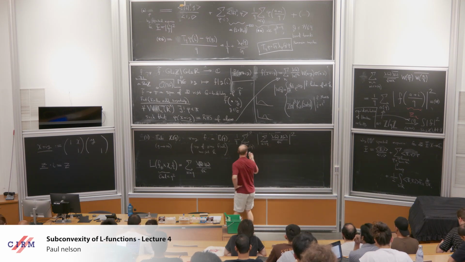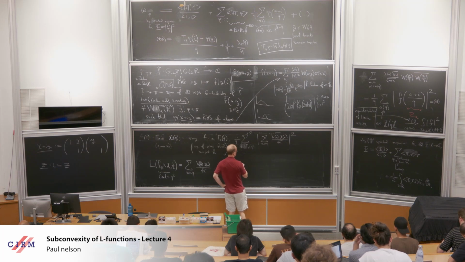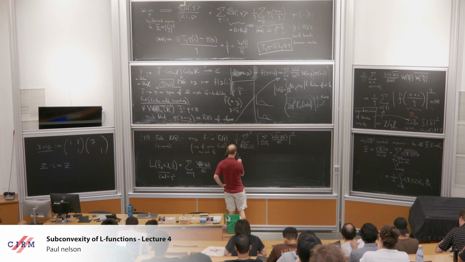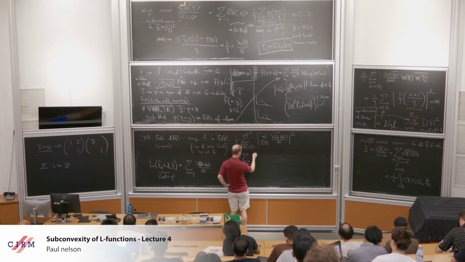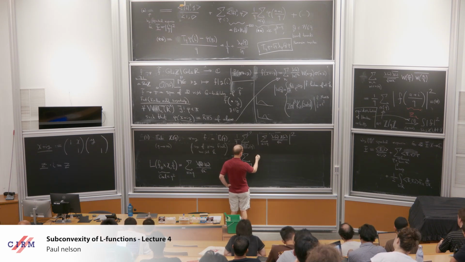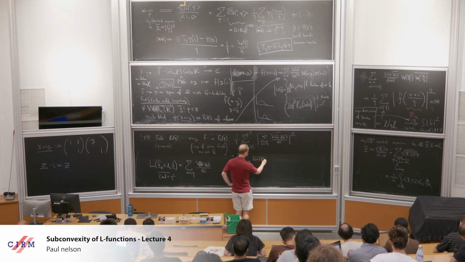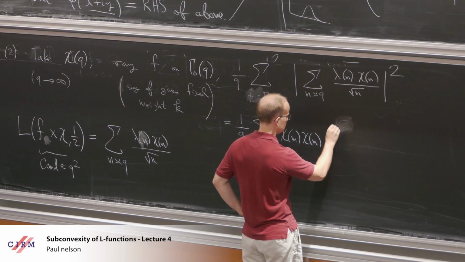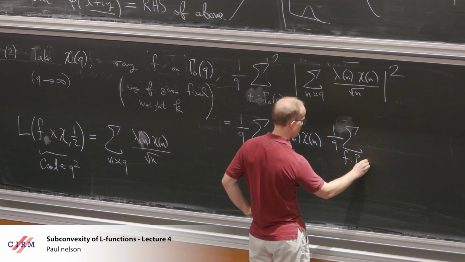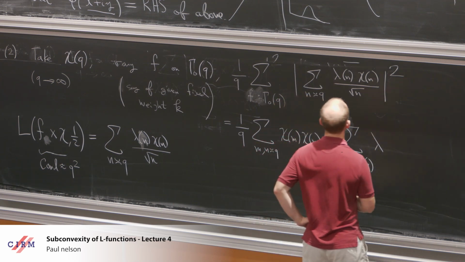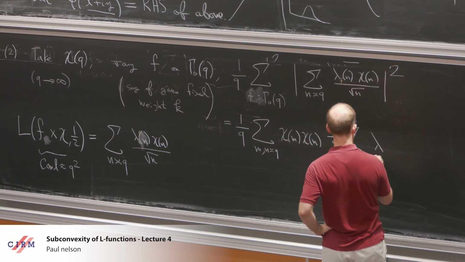So we expand the square as we did before, and that leads us to something like 1 over q, sum over m and n of size q, chi of m, chi of n, and then 1 over q, sum over f, again on gamma naught of q, of lambda f.